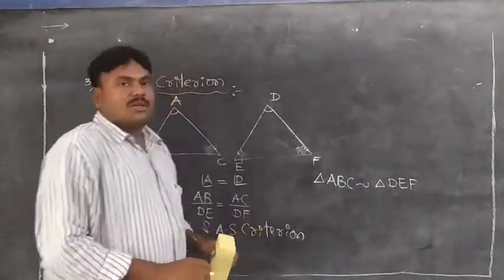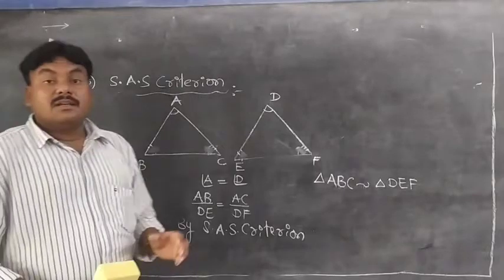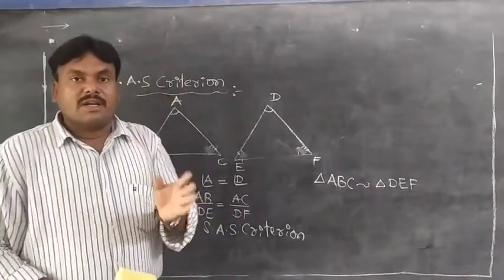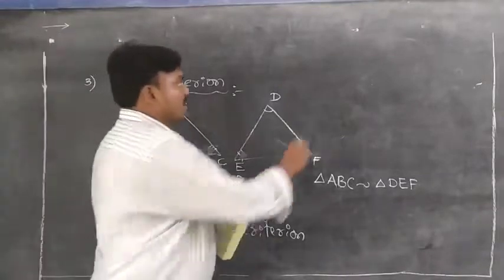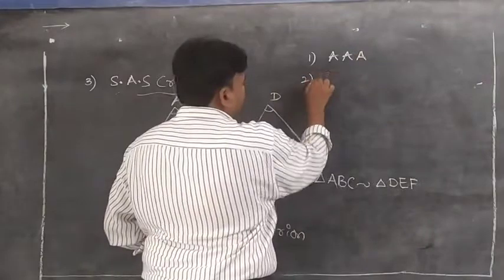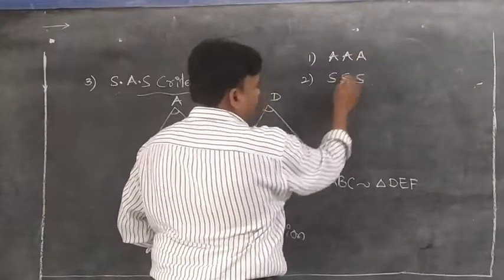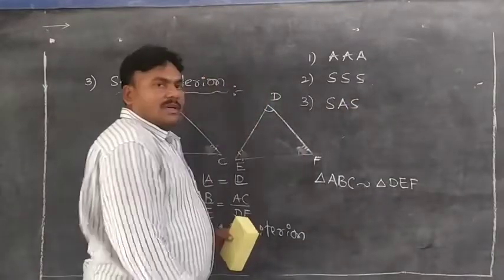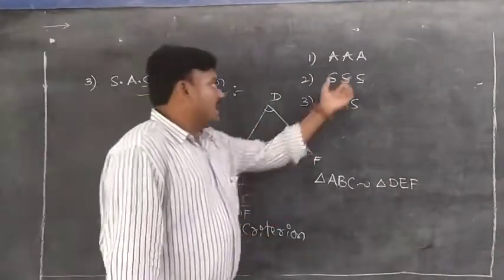Okay, students, observe. We discussed the criteria for similar triangles. We discussed three criteria: one is AAA, the second is SSS, and the third is SAS. So, what is AAA?